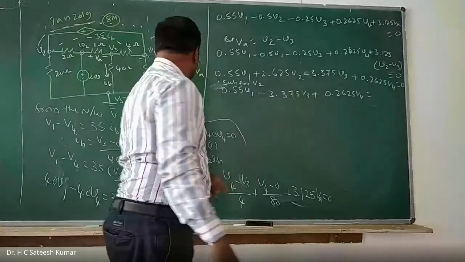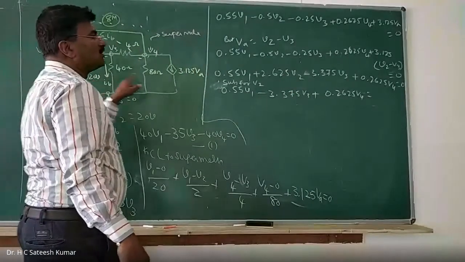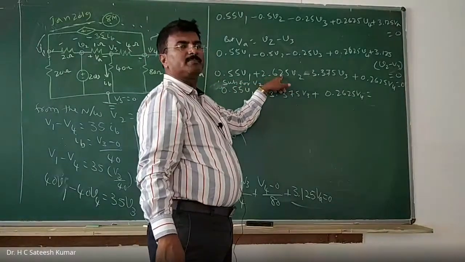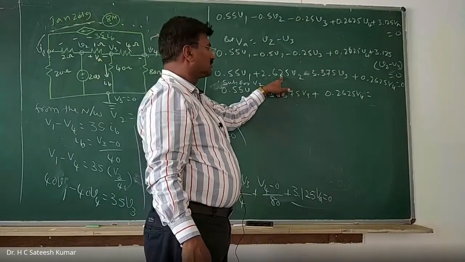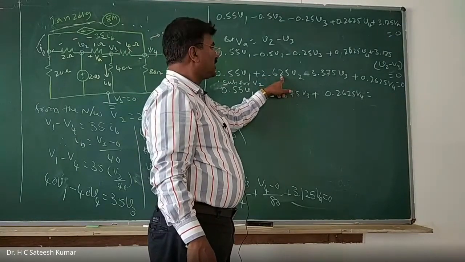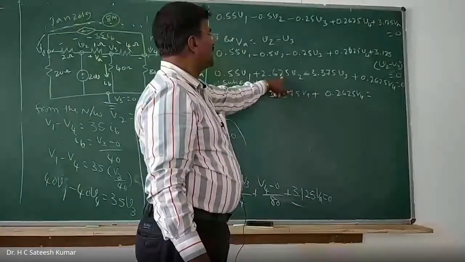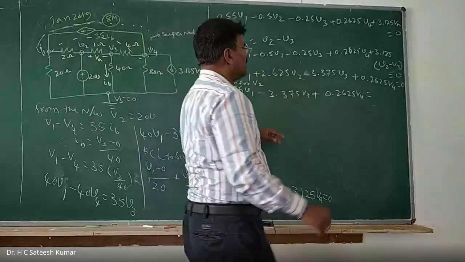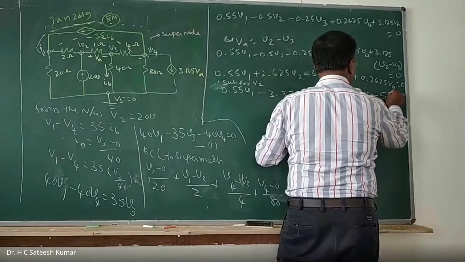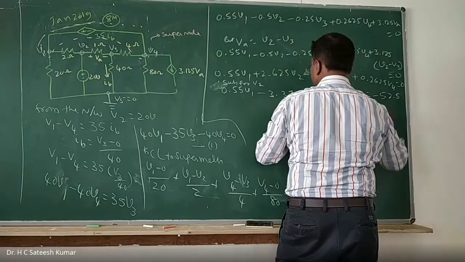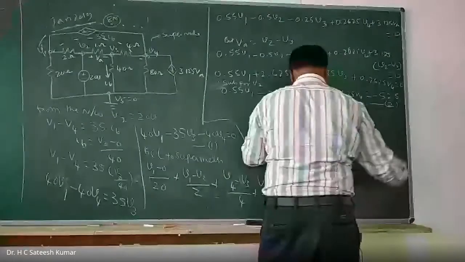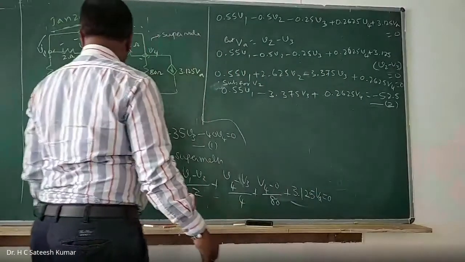V2 is 20. 20 into 2.625 is 52.5. Transfer to the right hand side, minus 52.5. Call this equation number 2.